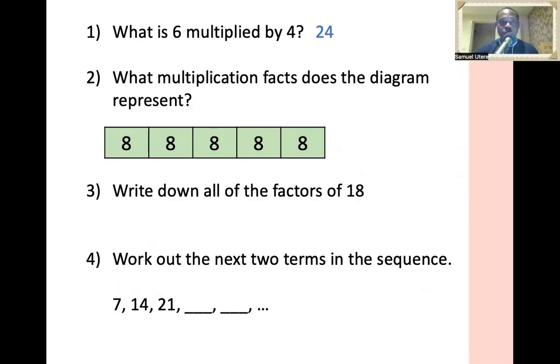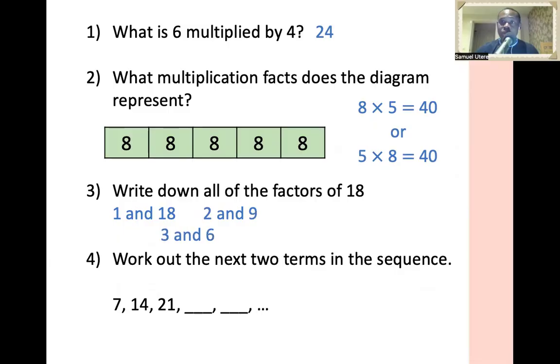It's 24. Question 2, what multiplication facts does the diagram represent? The diagram represents 8 times 5, which is equal to 40, or 5 times 8, which is equal to 40. Question 3, you were asked, write down all of the factors of 18. You could have written them as factor pairs, or you could have listed them.